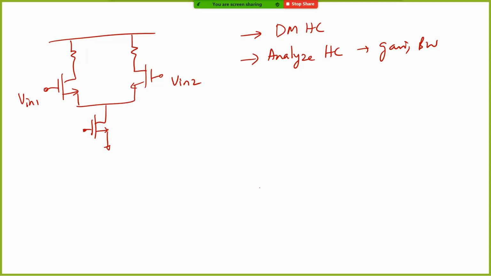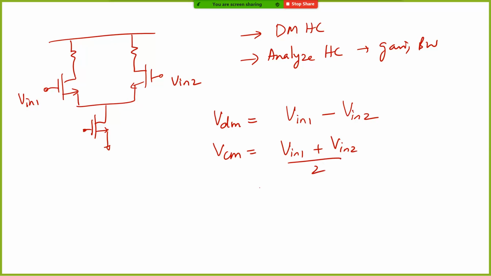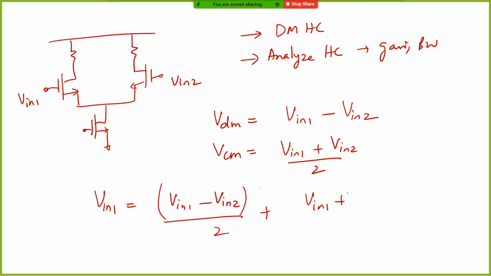Now the differential voltage VDM, the differential mode voltage, as I mentioned, can be taken as V in 1 minus V in 2, and the common mode voltage can be taken as V in 1 plus V in 2 by 2. And therefore, V in 1 can be understood to have V in 1 minus V in 2 by 2 plus V in 1 plus V in 2 by 2.